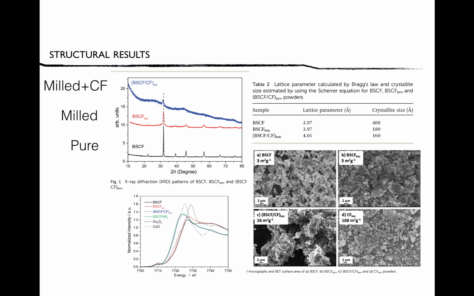And when we look at the results for the images of the surfaces, we see that there is a change in morphology. The unmilled BSCF has agglomerates. In the milled version, we don't see agglomerates. So the agglomerates are gone. There is not much of a change in size.